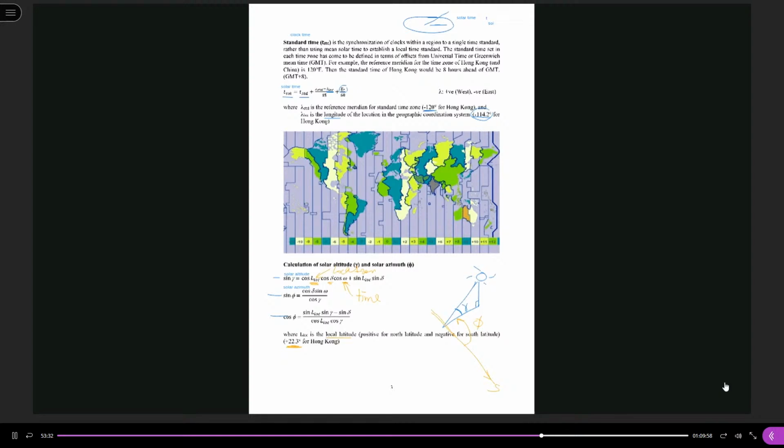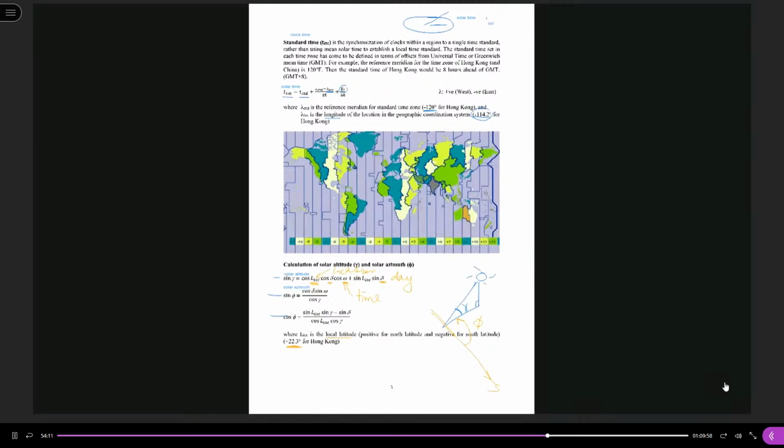The solar declination gives us the day in a year. So we use these to calculate the solar altitude. For the solar azimuth it is similar, but there are two equations, and either one will be able to find the solar azimuth.